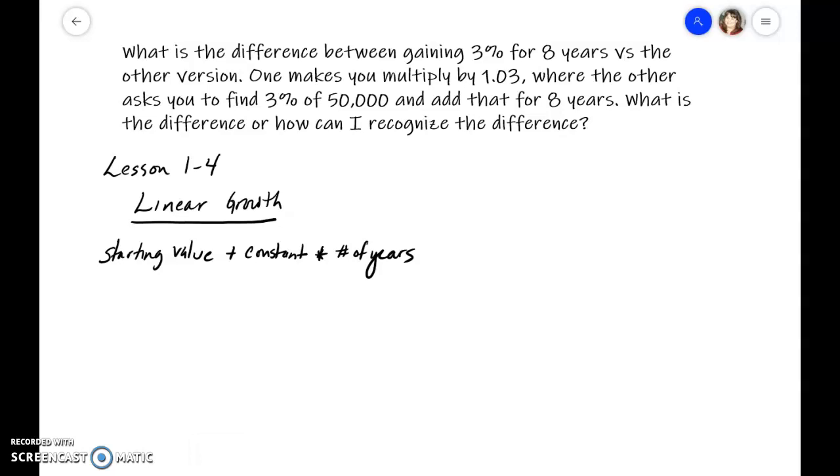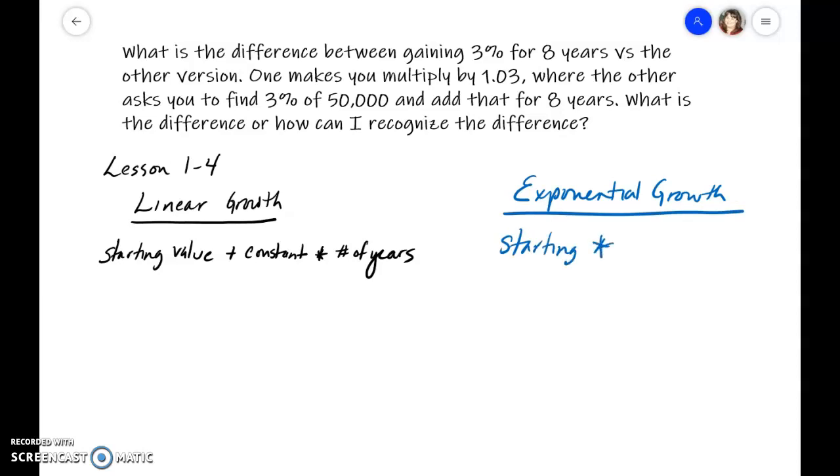When the problem is exponential growth, the value after a certain time period is calculated using the starting value times a growth factor raised to a power. I'm going to put the power in superscript here.